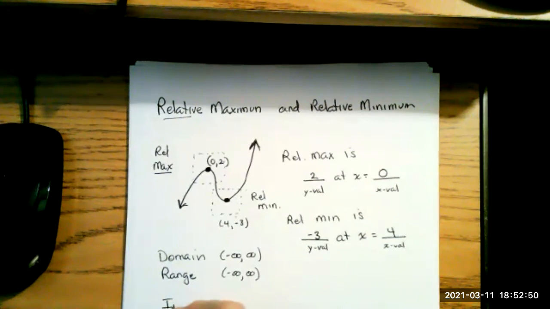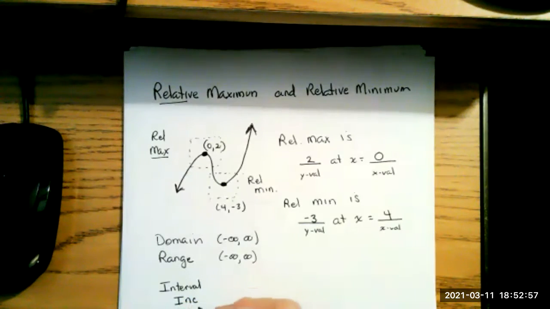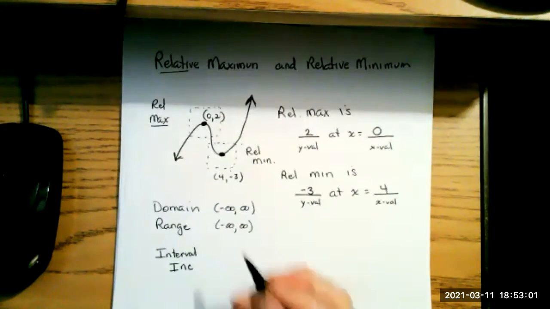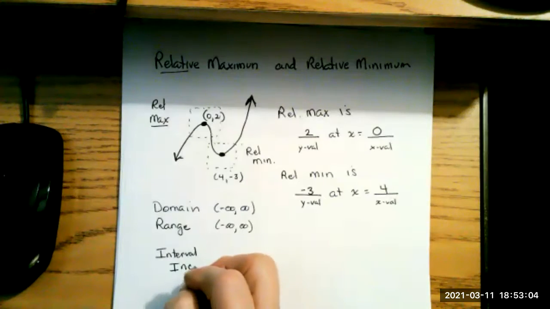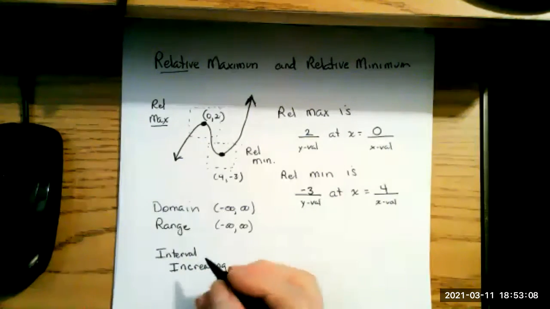Now let's do intervals increasing. Is that because it was cubic? Yeah, all cubic curves have that domain and range. It's because that's the shape it takes.